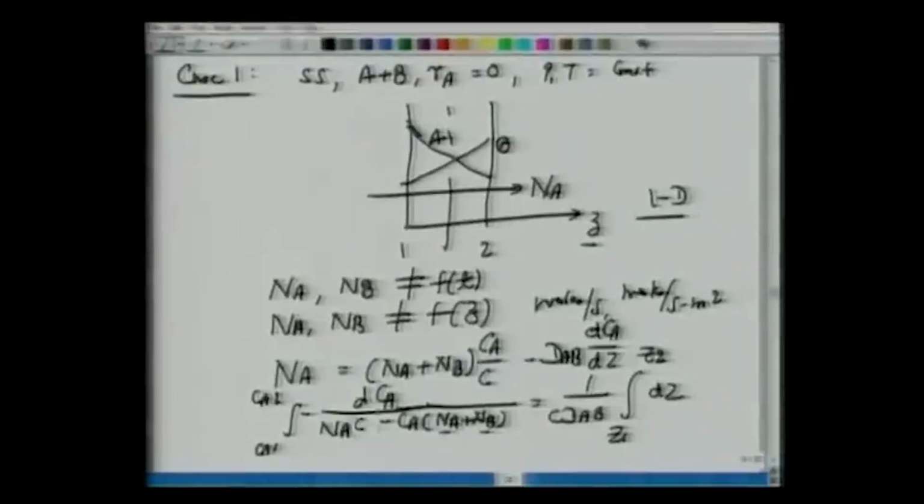Okay. So now on integration of this equation, it's not difficult to obtain an expression for NA in terms of quantities like NB, diffusion coefficients, z, the distance between the two planes, and concentrations.